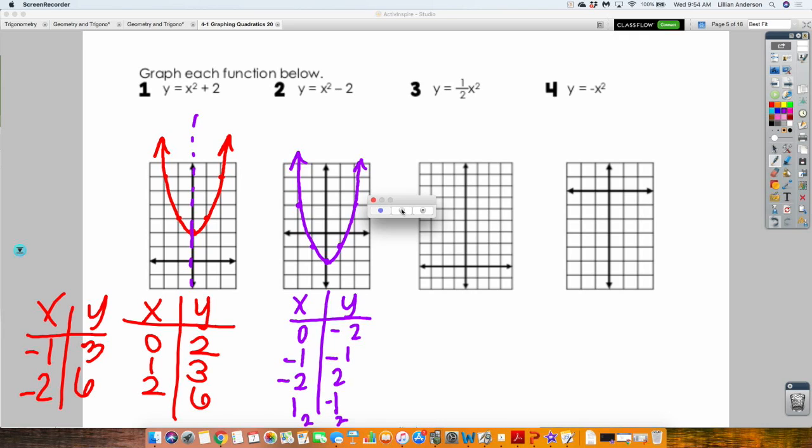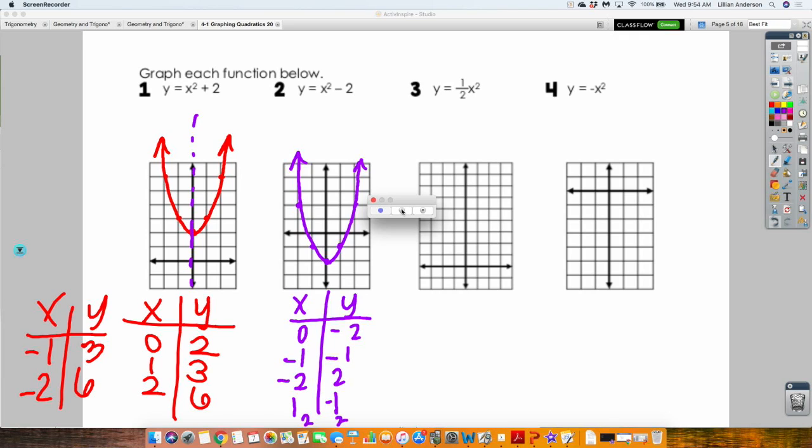You said when you plugged in -1, you got 3, and -2, you got 6. Okay, so we want to plug in -3. Do you notice anything? It's a pattern. It's the same. What do you mean by that?